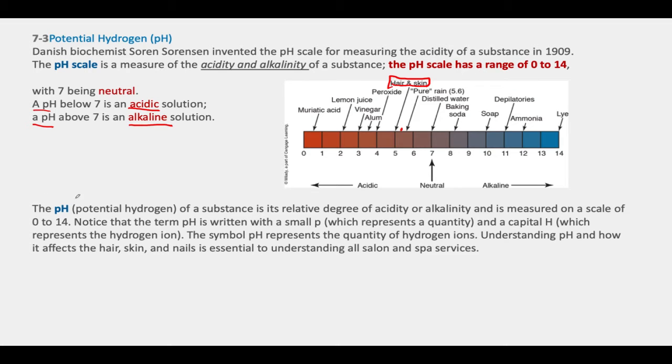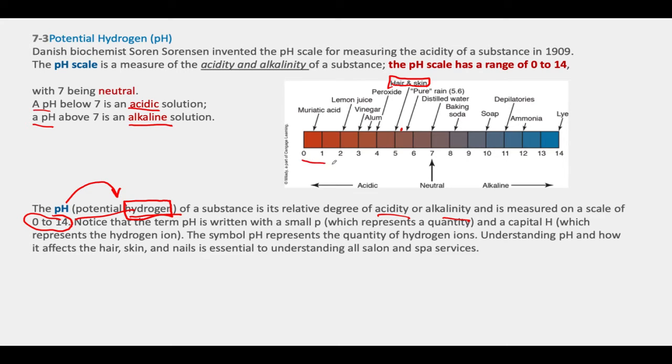Now, what does pH stand for? pH stands for potential hydrogen, meaning how much hydrogen ion is in a particular solution. The potential of hydrogen, meaning the hydrogen released by a substance in its relative degree of acidity or alkalinity, is measured on the scale of 0 to 14.